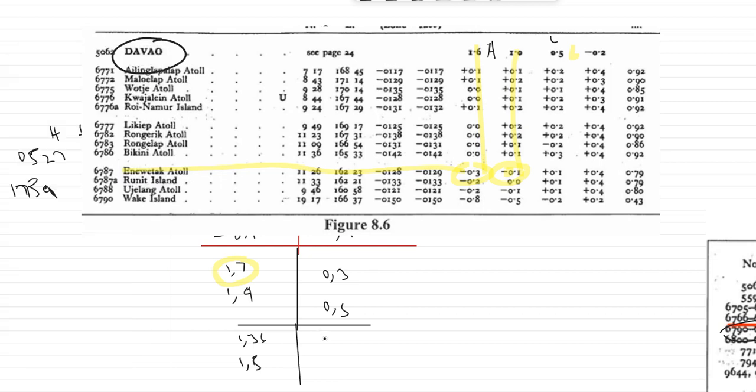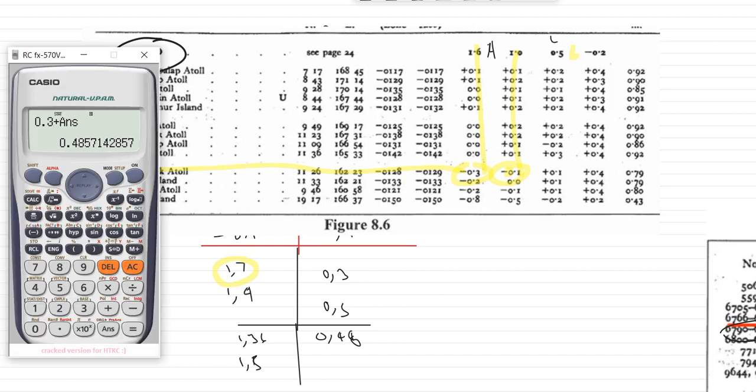Then I get an answer of 0.48. All these numbers could have been rounded off to 0.5. I will in the end. So the next thing, I have another one for low, which is 0.5. I want a change for 0.5.